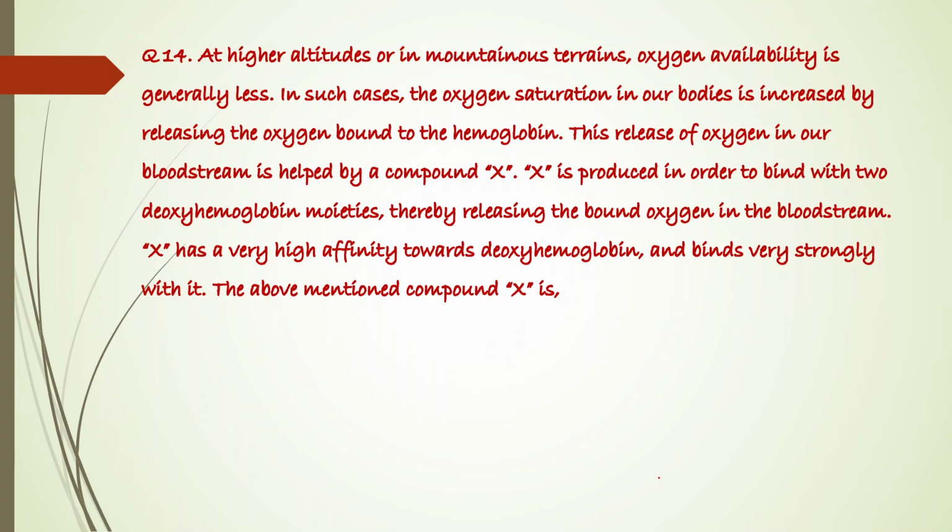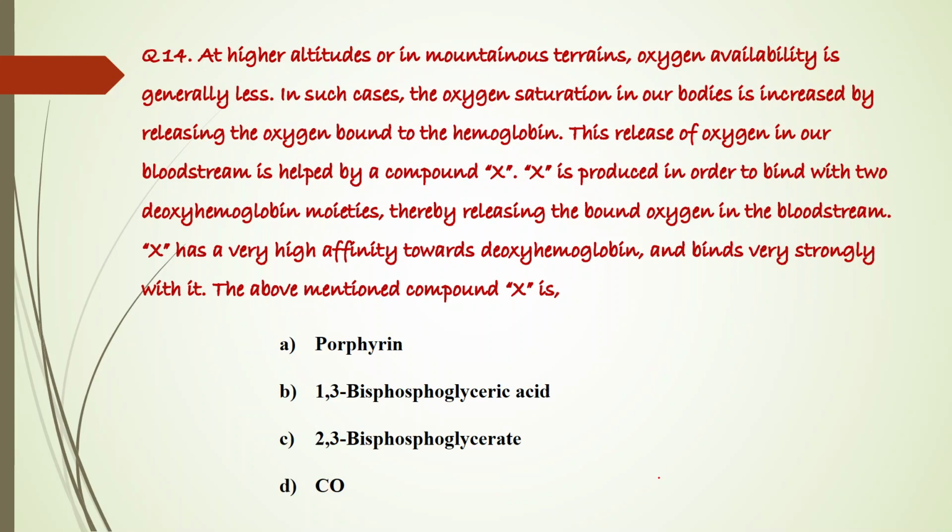Again, similar question. This is also a very easy question, but it looks like a very big and confusing one. So let us read one by one again. So it states, at higher altitudes or in mountain terrains, oxygen's availability is generally less. It is very obvious. In such cases, the oxygen saturation in our body is increased by releasing the oxygen bound to hemoglobin.